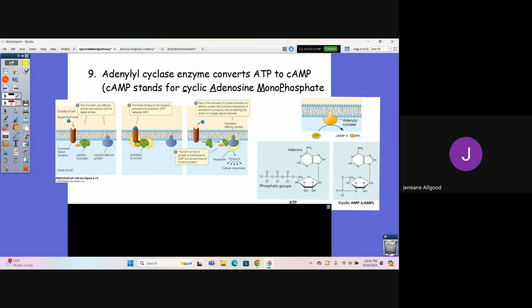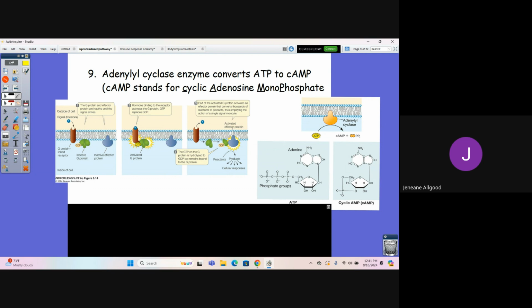We've mentioned cyclic AMP on Friday when we talked about the generics of a protein-based hormone pathway, and we called cyclic AMP a very important second messenger. Second messengers are needed when you are transitioning from a series of steps occurring in the cell membrane to things happening in the cytoplasm.